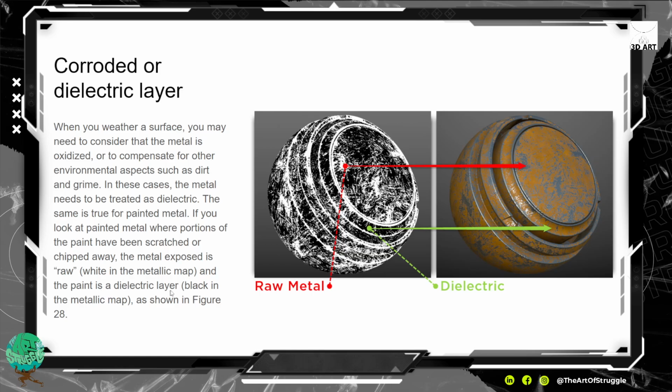The paint is a dielectric layer. Black in the metallic map is the paint, and where it's chipped away is where we're going to treat it as raw metal, right? We're going to treat the paint as dielectric, and this is how the computer will treat it.